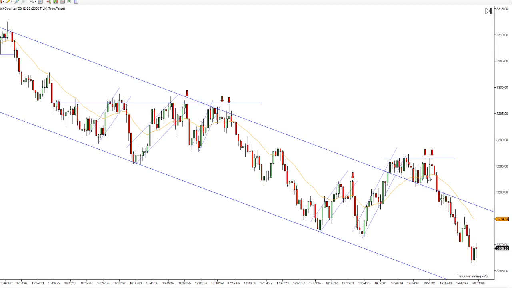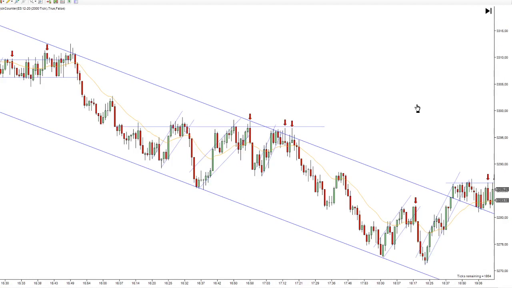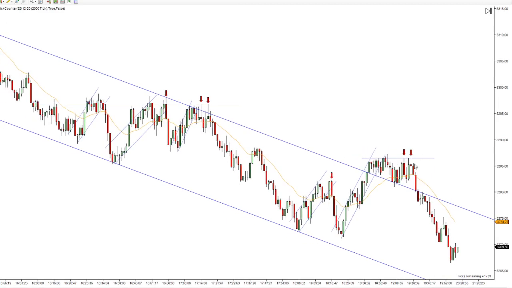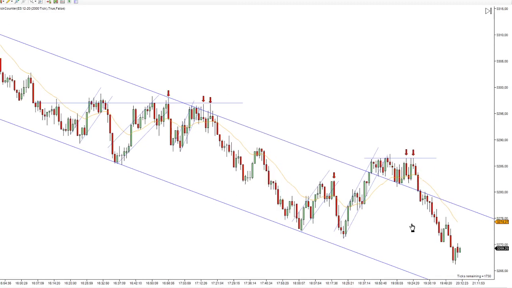Prices broke below this, and second entry long here. This is a two-legged pullback to test this support or resistance. I don't know why I keep mixing these two up today. Pardon me, it's very unprofessional. But yeah, this was a good trade, and you may still have your runner here.